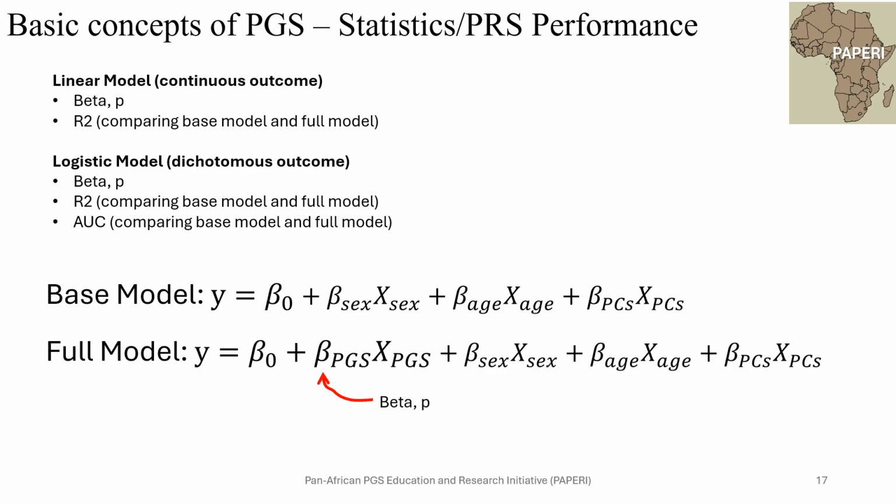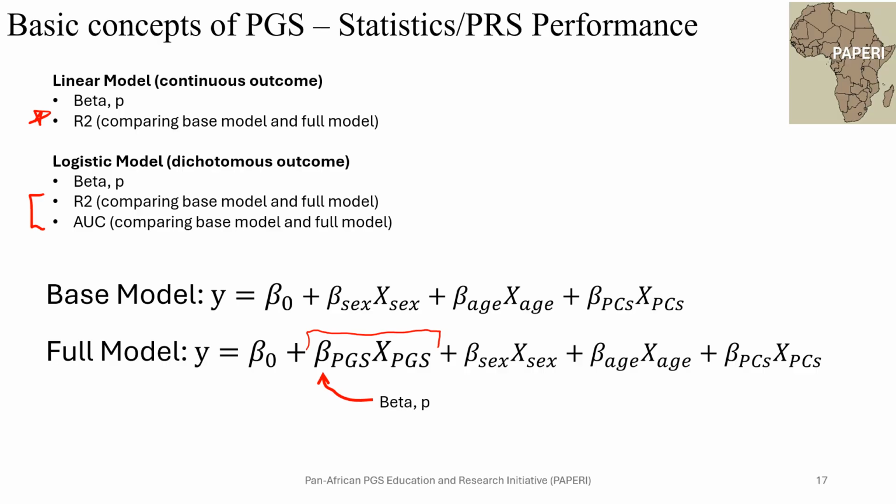Now, for the R-square and also the AUC, frequently what is done is a base model will first be fit that does not include polygenic risk score as a variable. And then the R-square and the AUC statistics will be compared against a full model that additionally includes polygenic risk score as a variable.